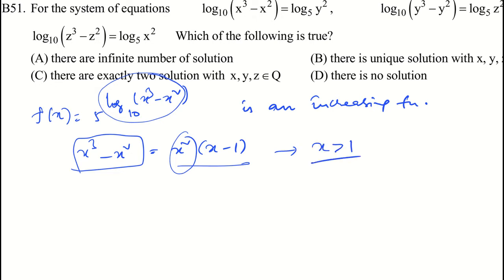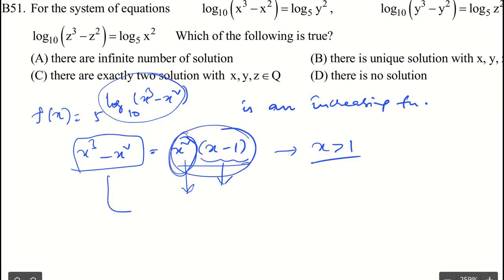Okay. With x greater than 1, you can see that this is increasing and this part is also increasing. Therefore the product, the whole thing, is increasing. So if I apply log on it, as the log is to the base 10, and as the base is greater than 1, we know that this is an increasing function, and x cube minus x square is increasing.